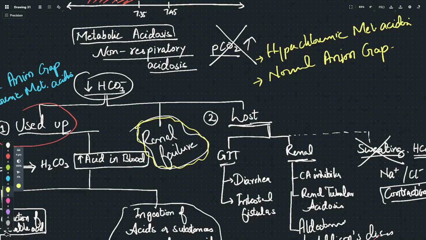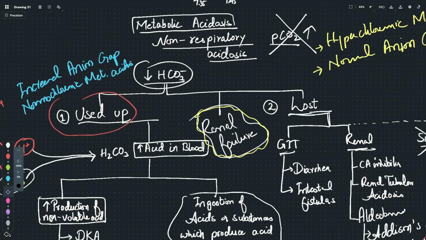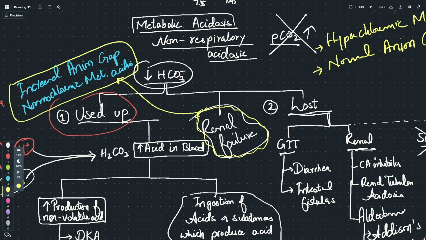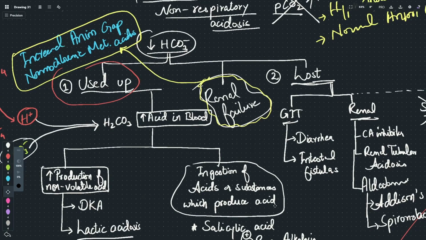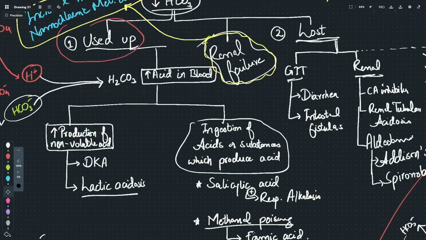So that is why anions will also build up. So it is not just a one-sided problem. There will be anions that will also be built up, and if anions are built up, then it is actually a type of increased anion gap normochloremic metabolic acidosis, right? So this is the basic idea.